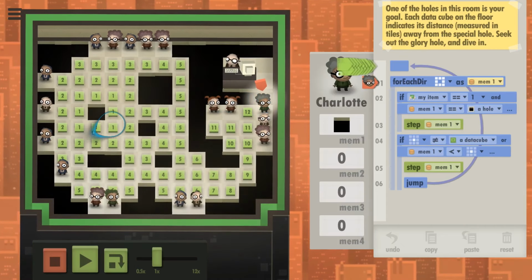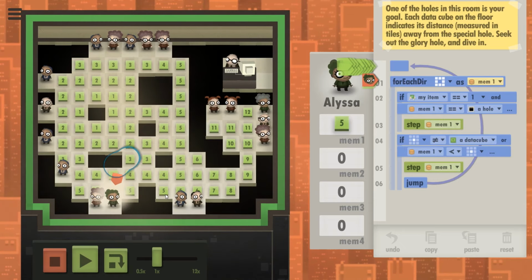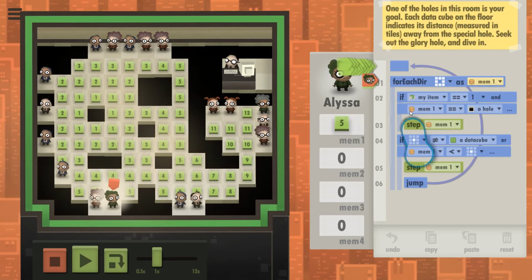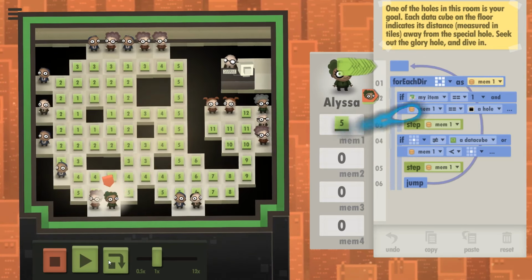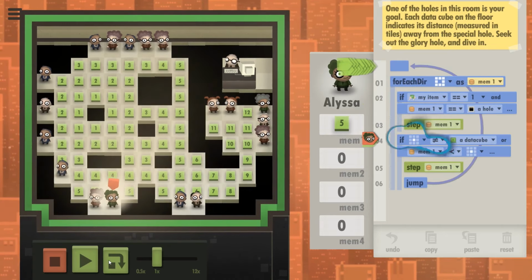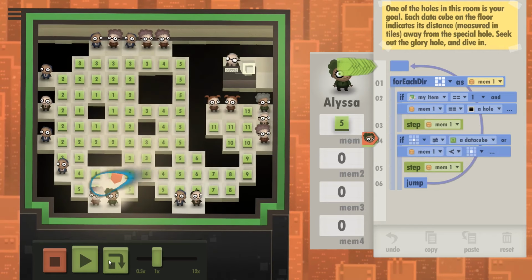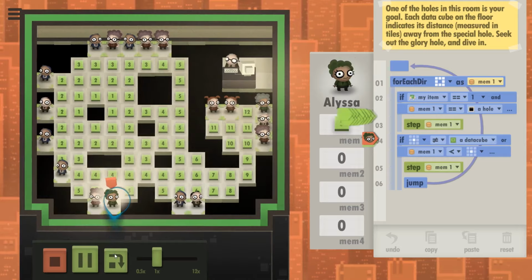Alright, let's watch how this goes for you. Let's pick a middle person. Alright. So for each direction, my item does not equal 1. If it doesn't equal a data cube, crap.